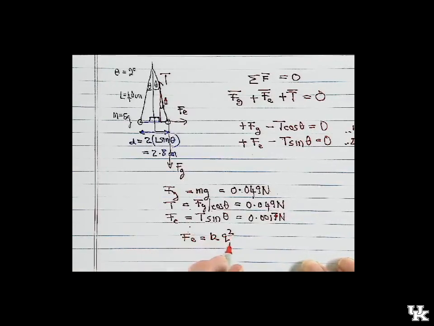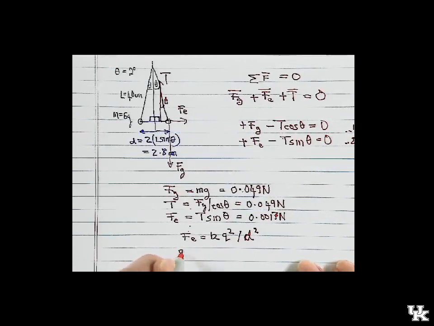My charges are equal in size and sign, so I'm just going to write Q times Q as Q squared. And here's Coulomb's law, where D here is the separation between the charges. So it's the product of the charges times the Coulomb constant K, divided by the square of the distance between them. And if I rearrange that equation for the unknown charge Q, I carry D from one side to the other side, and then I take a square root.